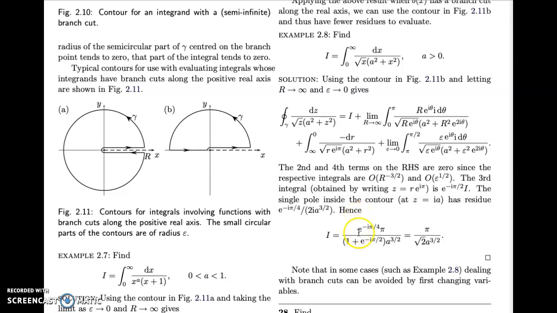That cancels this out, and we end up with e to the i pi by 4 plus e to the minus i pi by 4, which is 2 cos pi by 4 on the bottom, and then, well, cos pi by 4 is 1 over root 2, so you end up with root 2 on the bottom.